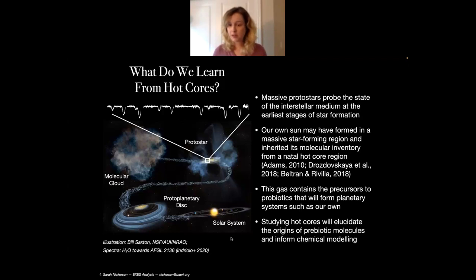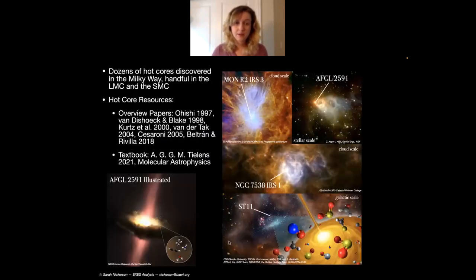And then we can find the molecules in this gas that are the precursors to probiotics that will eventually give rise to life on places such as Earth, perhaps. By studying hot cores, we really get to study the origins of these molecules. So far within the Milky Way, dozens have been discovered.